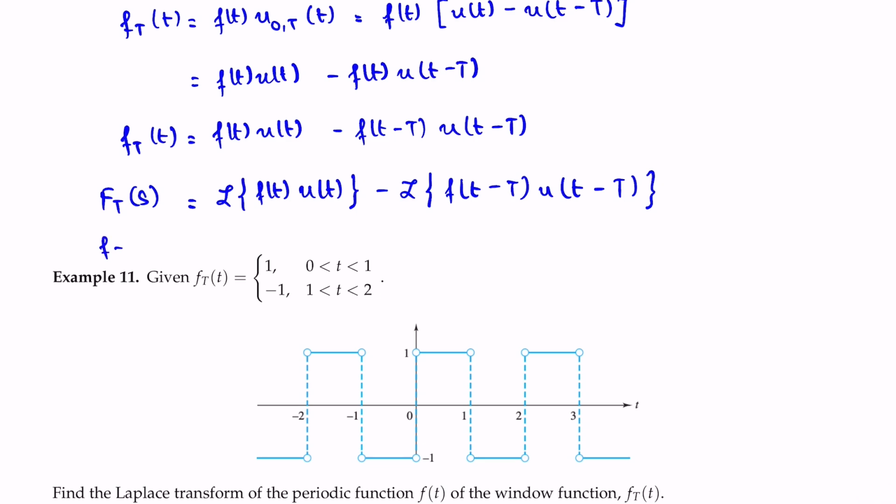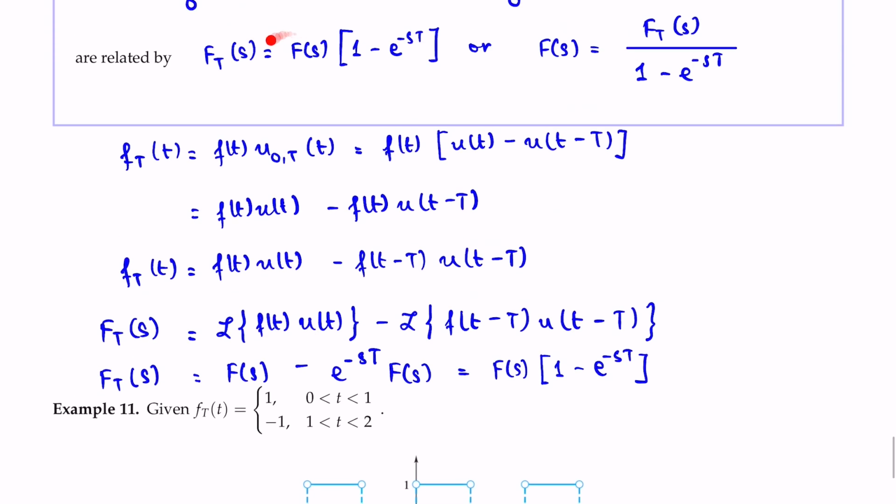So capital F sub T of s is equal to capital F of s minus e to the negative sT times capital F of s. Now, if you take capital F of s as a common factor, you're left with 1 minus e to the negative sT, and you get the formula right here. Okay, so that's the Laplace transform for the periodic functions and for the window versions of the periodic functions.